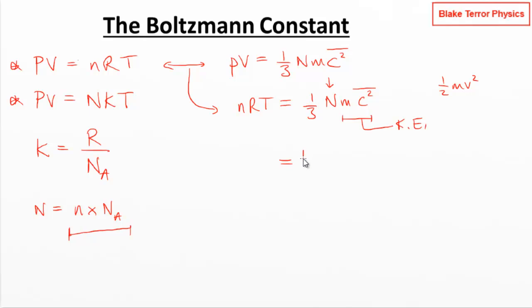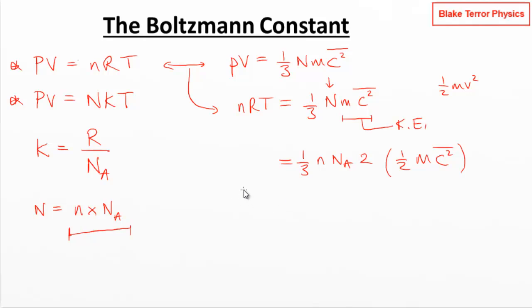So we've now got 1/3 multiplied by the number of moles multiplied by Avogadro's number, and then we're going to have two lots of a half m v squared, essentially. Because that 2 and the half are going to cancel, we've got the same thing going on there.